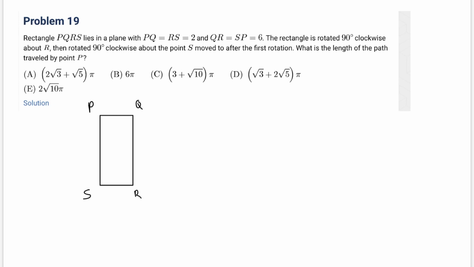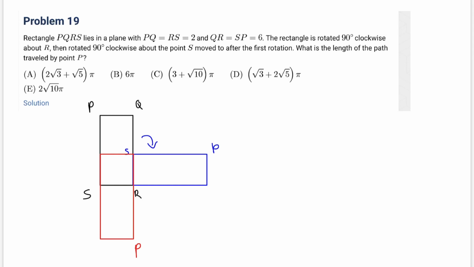Then it's going to rotate 90 degrees clockwise about R, so this will be coming like this. Since this would be the new S point, it rotates 90 clockwise about that, so this would be about like this here, and P would be here.